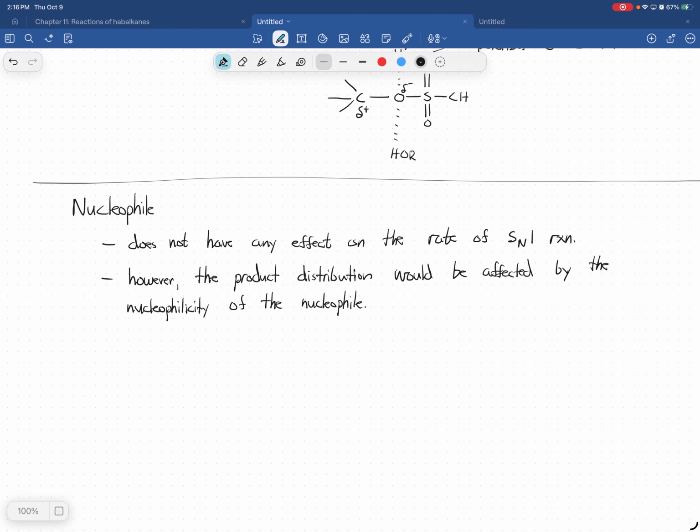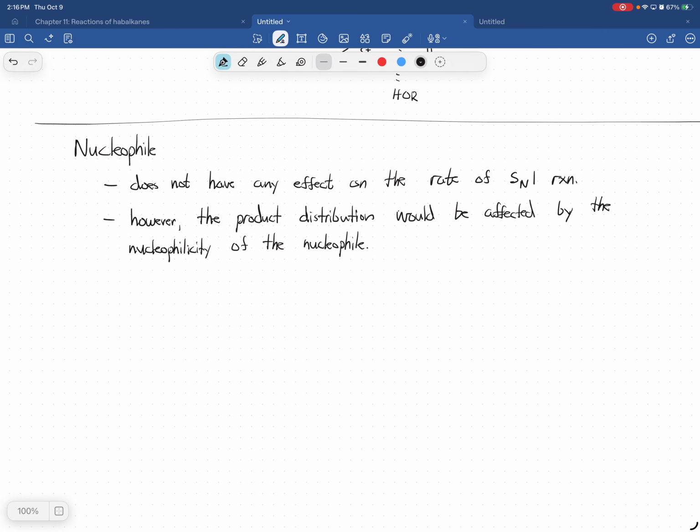What I mean by that is the strength. So which one is the strongest? Okay, so for example, let's say we did this experiment. We have tert-butyl chloride. So let's have this group here.